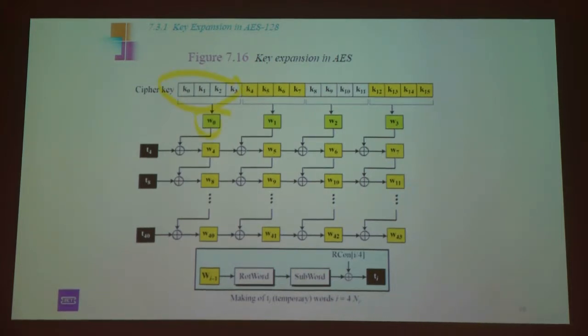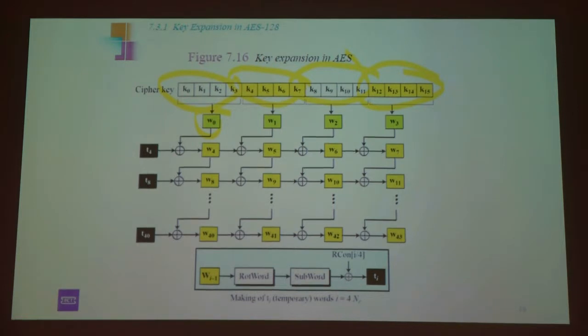Word 0 is very simple: you take the first 32 bits. How about word 1? Very simple, you take the next 32 bits. Word 2, take the next 32 bits. Word 3, very simple. So the first 4 words are coming from where?